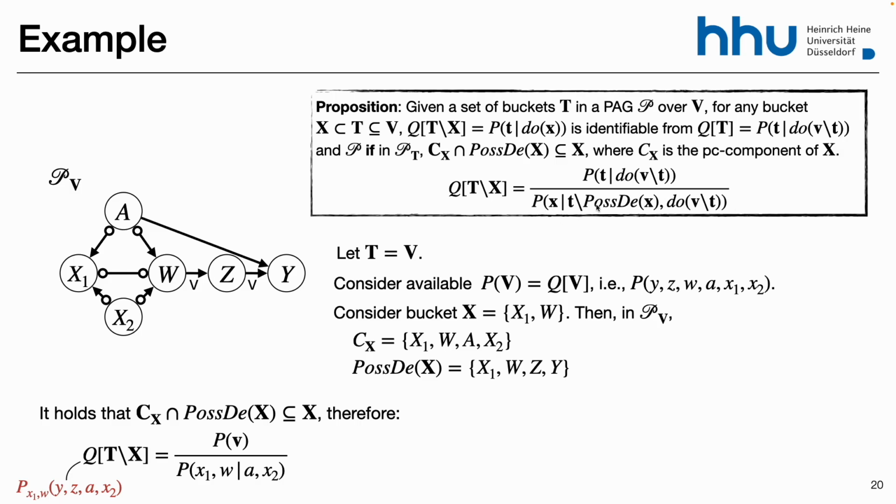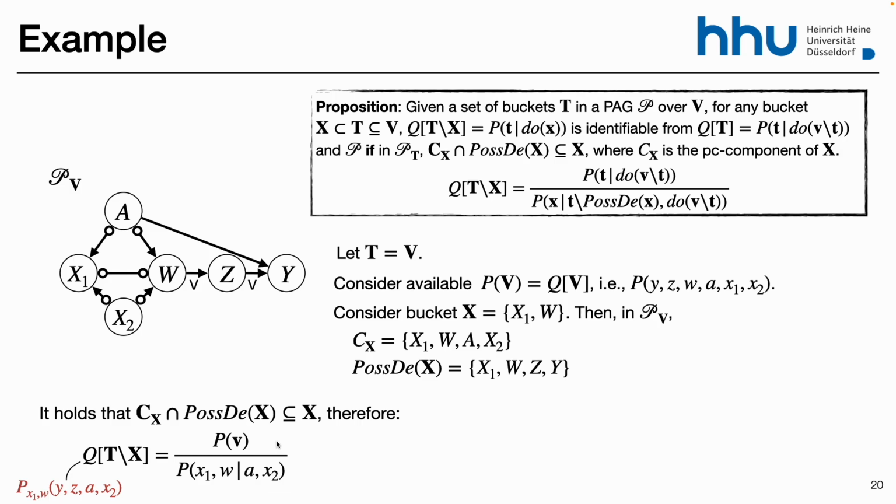And in the denominator, we have X before the conditioning bar, which is the bucket. So we have X1 and W. After the conditioning bar, we have T minus the possible descendants of X, and T, which is V, minus these four variables here, is just A and X2. So that's the conditional probability in the denominator.